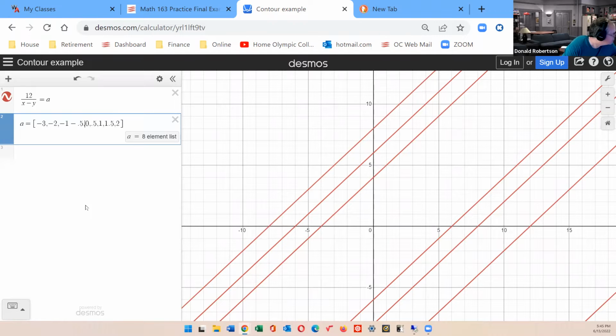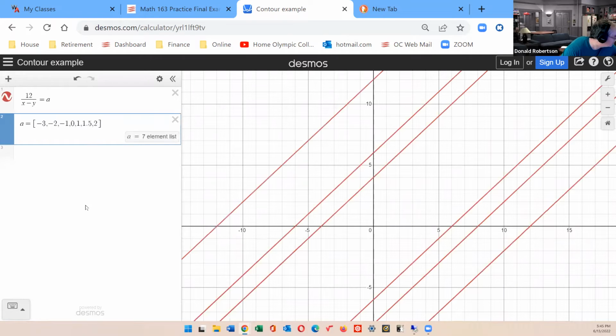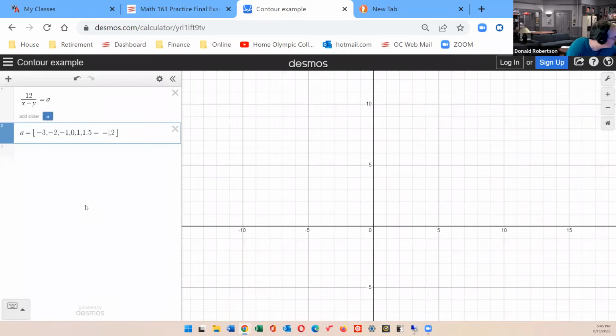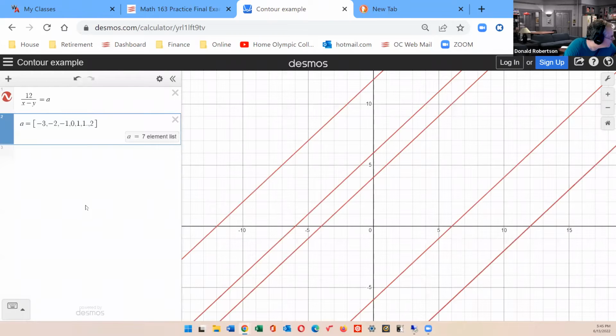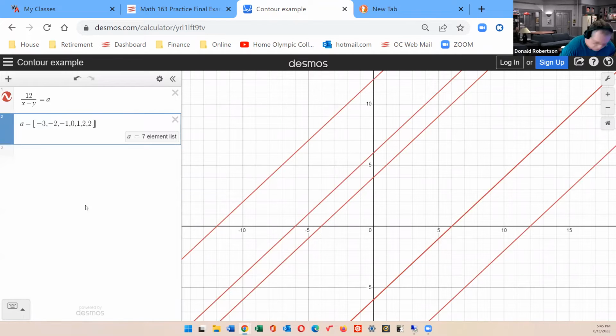Make sure I don't rub out too many. There we go. So I'm using -3, -2, -1, 0, 1, and 2. And you can see it's basically a whole set of lines. That's the simplest way to do it.